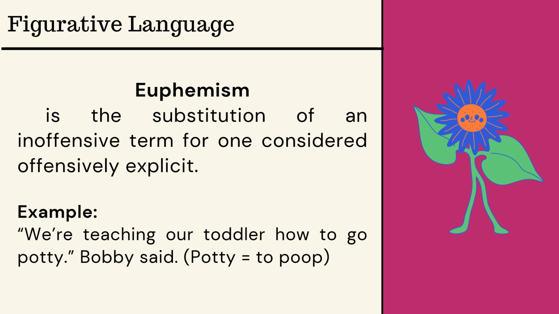Like, for example, we're teaching our toddler how to go potty, Bobby said. So, potty training is a sugarcoat for poop, or to poop. Because of course, as humans, we find it odd and disgusting to hear the term poop. Or at some point you could say instead of die, right? Die is some sort of offensive or hurtful to the feelings.